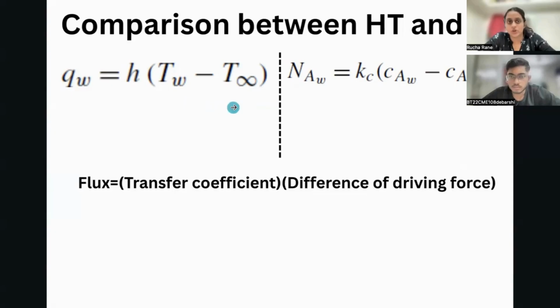This is commonly called Newton's law of cooling. Similarly, when the concentration gradient at the interface is difficult to determine, we came up with the Slattery equation, which is the molar flux equal to Kc, your mass transfer coefficient, into the concentration at the wall minus the bulk concentration. Here also we can see the similarity.